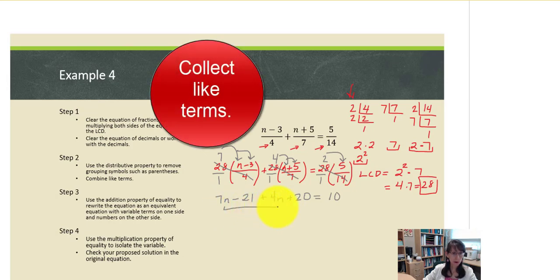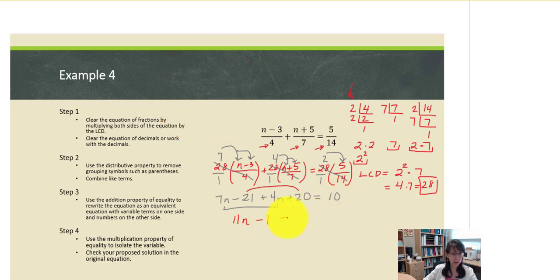7n and 4n are like terms, and then we have negative 21 and 20 as our like terms. So 7 plus 4 would give us 11n. Negative 21 and positive 20 would give us minus 1. And that is all equal to 10.